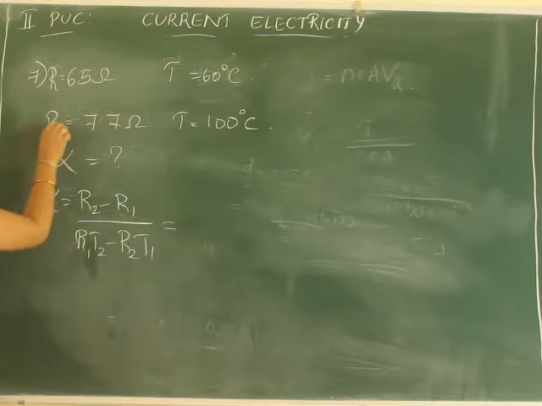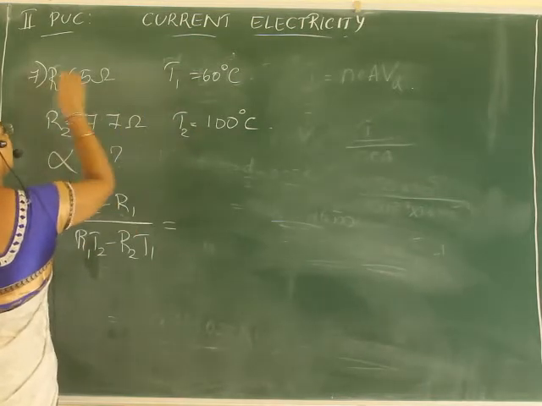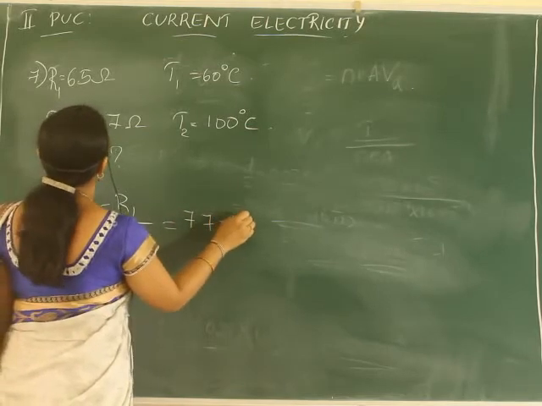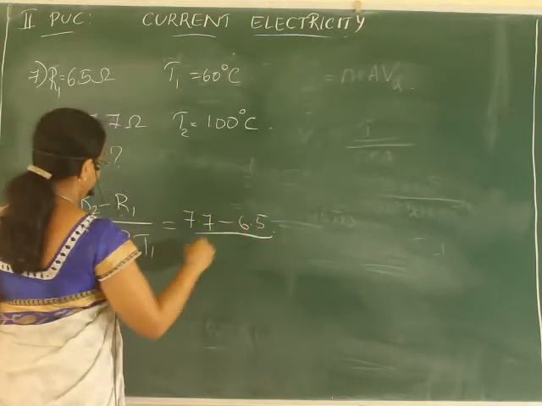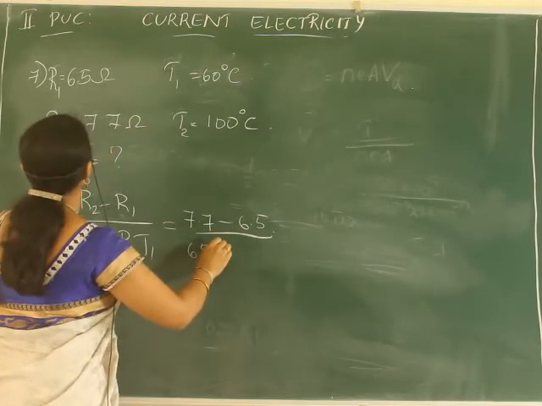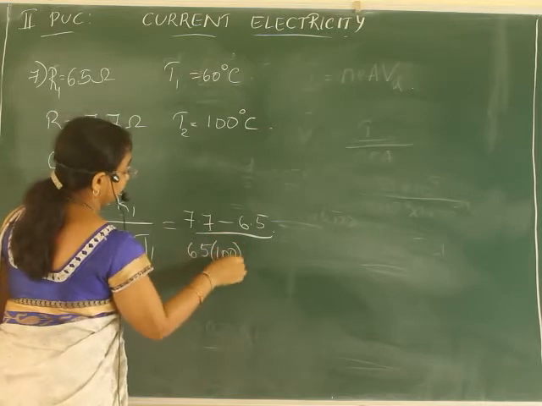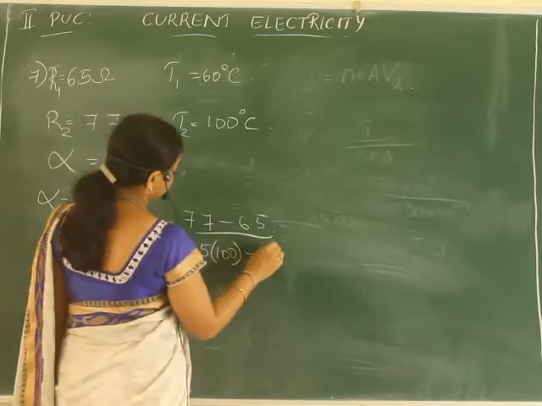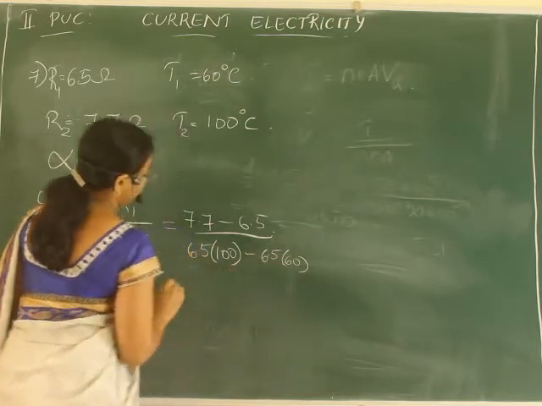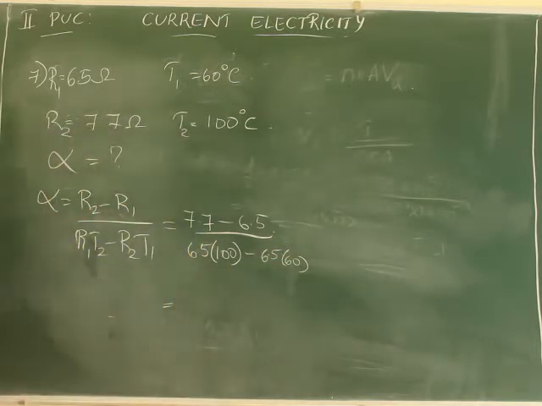We'll take this one as the second one, and the first one as the first. So R2 minus R1 divided by R1 into temperature T2 minus 6.5 into... What is the answer? Can you help me with the answer? What is the answer you are getting? 6.38 into 10 to the power minus 3.